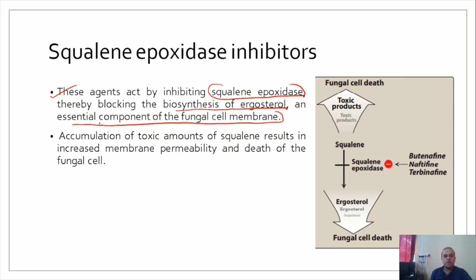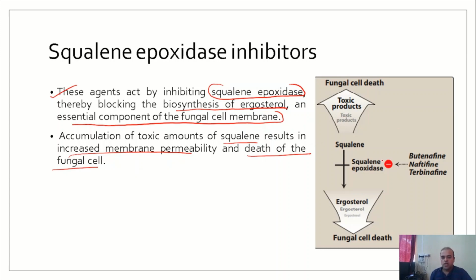We have seen another category of drugs that also inhibits biosynthesis of ergosterol. This is another enzyme that helps in the biosynthesis of ergosterol, and the name of the enzyme is squalene epoxidase. The accumulation of toxic amounts of squalene results in increased membrane permeability, and thus leads to the death of the fungal cell.